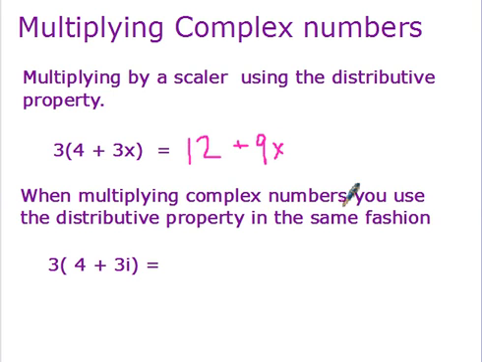When we're multiplying complex numbers, it's the same exact thing with distributive property in the same fashion. So 3 times 4 is 12, and 3 times 3i is plus 9i. And this would be standard form, the real part first and the imaginary part second. So that's multiplying with a scalar.